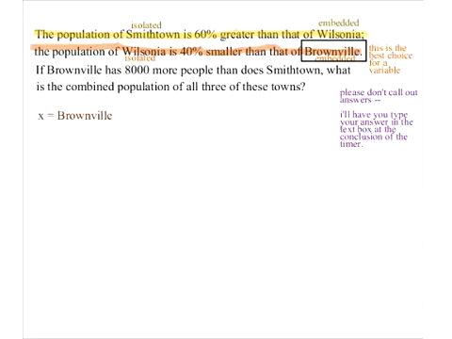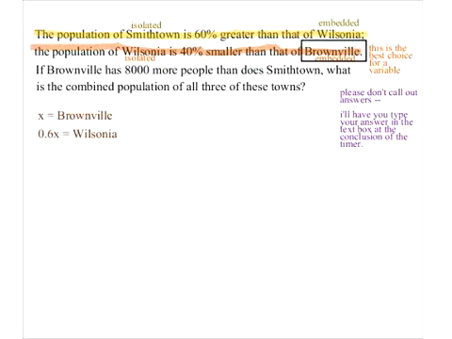In the text box, how do you do 40% smaller than, which is 60% of? So this is 0.6x. That's Wilsonia. You don't want to do times 0.4 because that's 40% of. You want to multiply by 0.6. If you have trouble with that, you can look at our FDP guide.